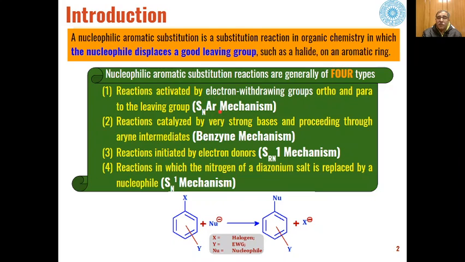This type of mechanism is involved in aromatic halides where the reaction is activated due to the presence of electron withdrawing groups either at ortho position or at para position to the leaving group, and as I have told you, the leaving group in most of the cases is a halide ion.